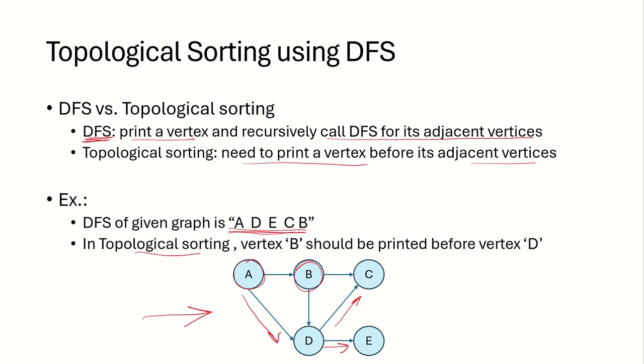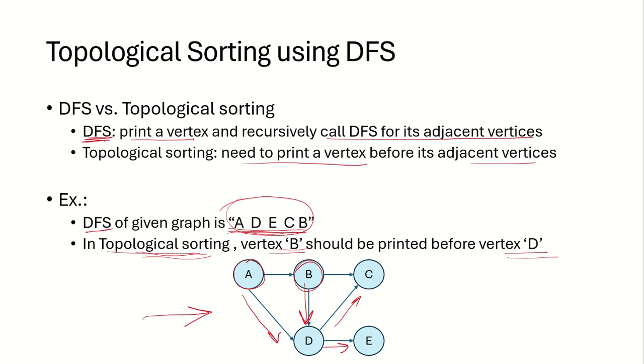However, in topological sorting, vertex B should be printed before D because there is an outgoing edge from B to D. That means D has a dependency on vertex B. If we look at this depth first search, we see that vertex B is after vertex D. So it is not necessary that DFS in its current form will lead to a topological sorting.